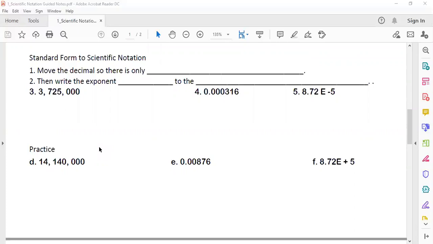All right, so I'm going to switch tablets now. Takes me a second. All right, so we are going from standard form to scientific notation. We are going to move the decimal place so there's only one number in front of the decimal place.